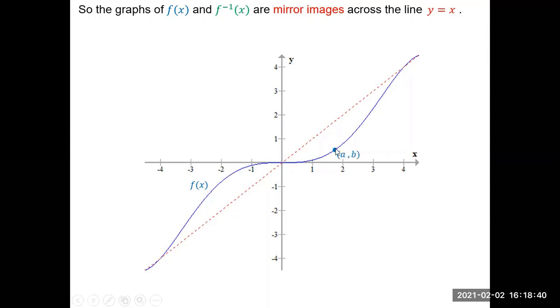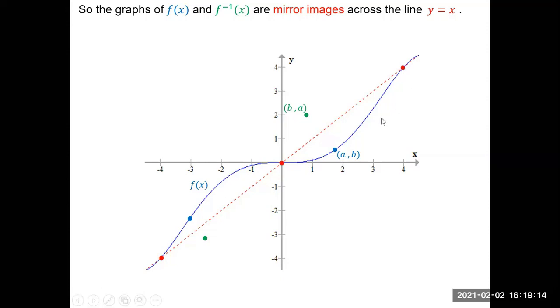So that would mean if I have a point a, b on the original function, then on the opposite side of this line would be the point b, a, the same distance away from y equals x. You could actually see that any point that's on the top side of this function, or on this line y equals x, will give me a point on the bottom side. And more specifically, if you look at any point on the function that touches the line y equals x, then that means that the coordinates are exactly the same.